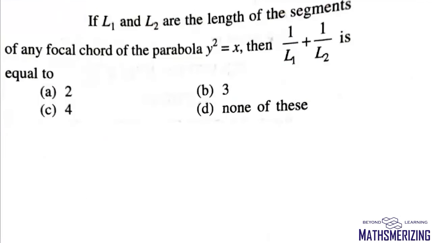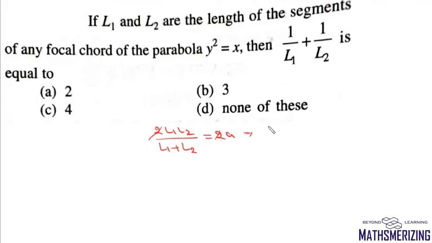Now here the question is, if L1 and L2 are lengths of segments of any focal chord of the parabola y square equals x, then 1 upon L1 plus 1 upon L2 is equal to what? So we know that 2L1 L2 upon L1 plus L2 is equal to 2a. So we'll cancel this 2.